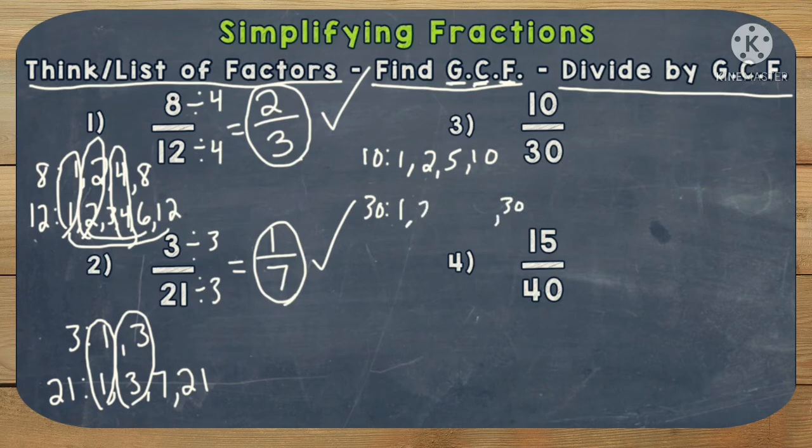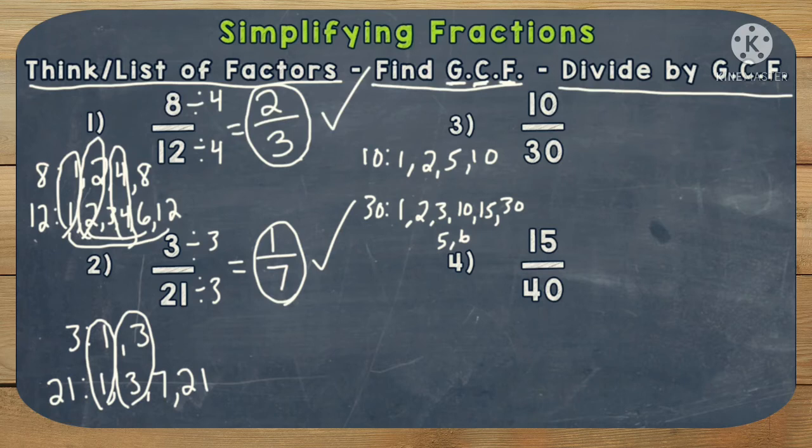Let's think. I know 2 and 15. I know 3 and 10. I did not give myself enough space there, so I'm going to write a couple below. I know 5 times 6 is 30. And that is going to be the extent of my list there.